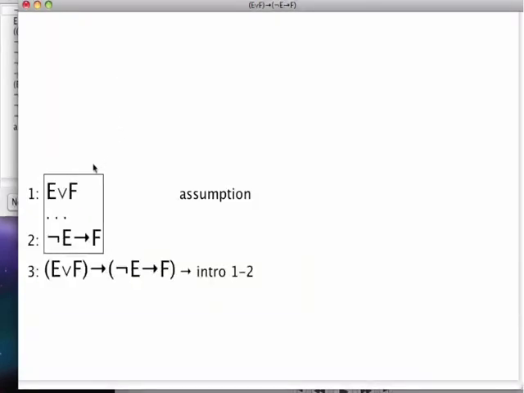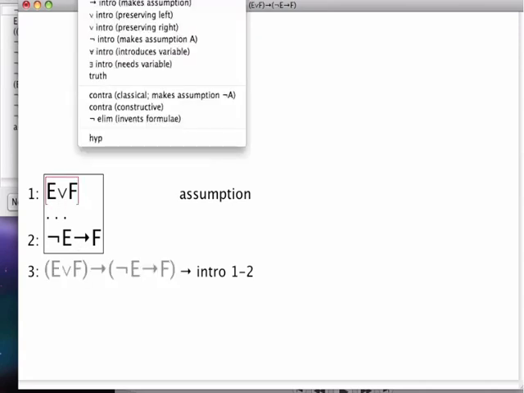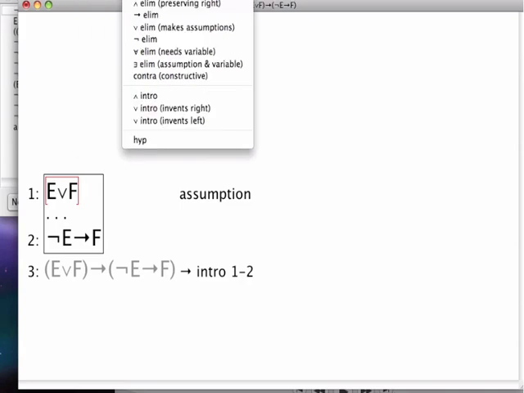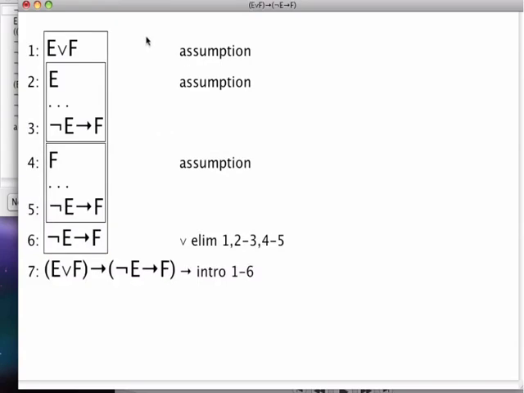But now we could do it differently, because before what I did was that I took E, not E implies F, and I did an implication introduction back, but I could also already start with OR elimination here. And I get this.